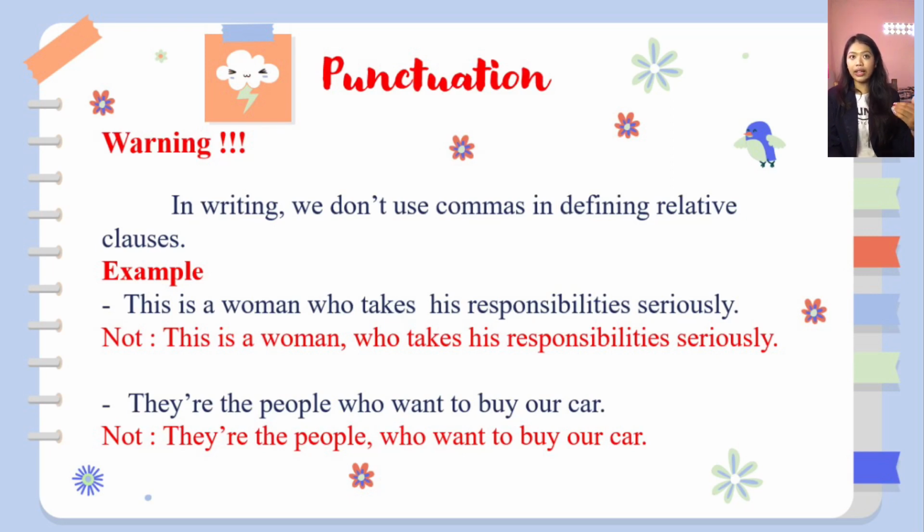The right one is this is a woman who takes her responsibilities seriously. Next example, they are the people who want to buy our car, not they are the people, comma, who want to buy our car. After people, we do not use a comma.